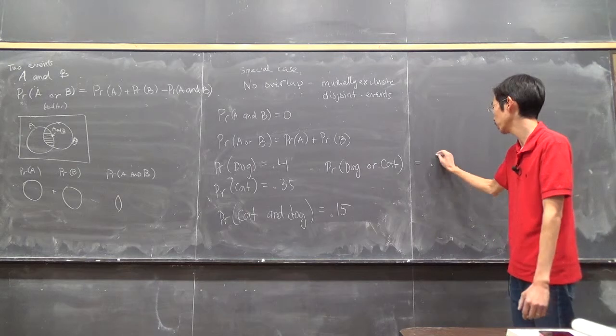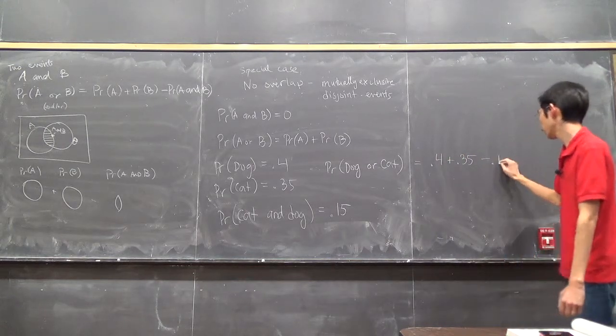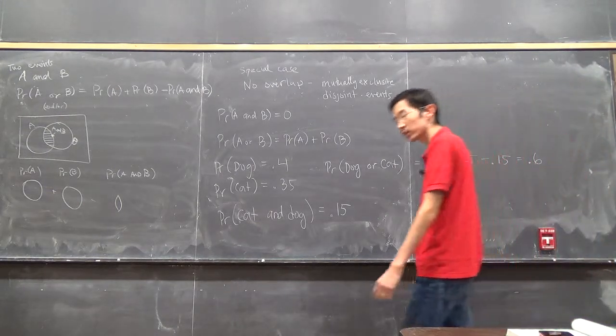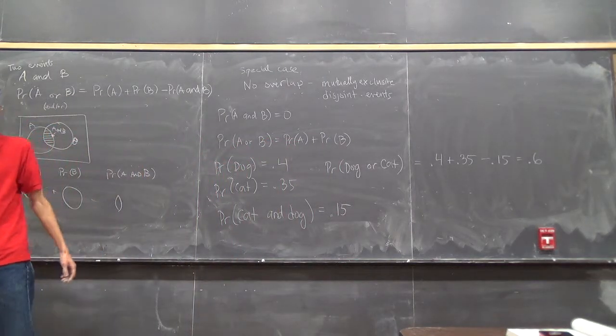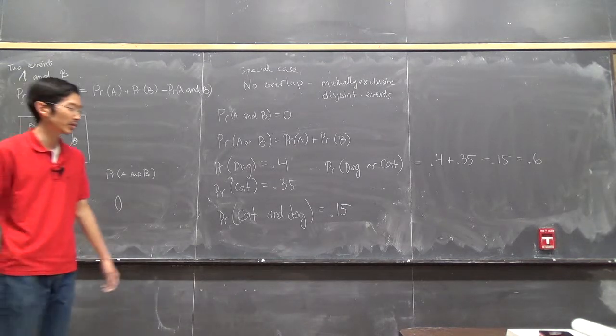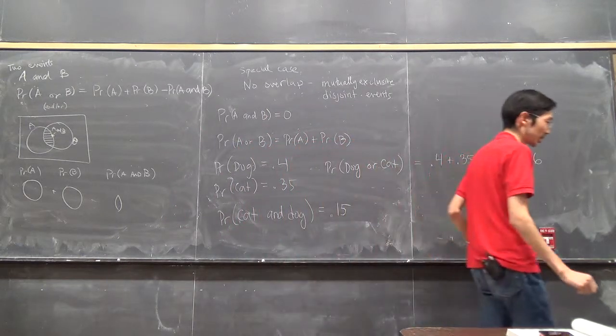Then this would be 0.4 plus 0.35 minus 0.15, and then I would get 0.6. If you just added 0.4 plus 0.35 and said 0.75, that would only work if this were a place where you can have dogs but not cats, or cats but not dogs.